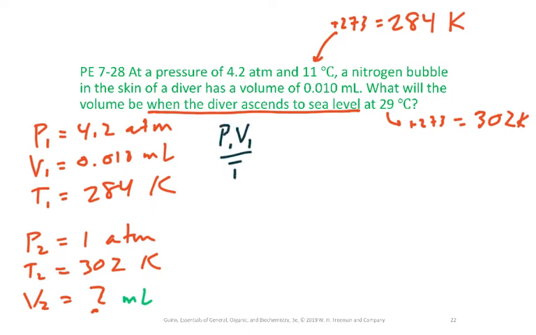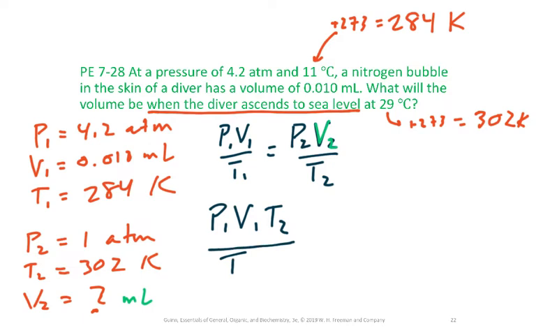So P1 V1 over T1 equals P2 V2 over T2, and we're solving for V2. So we can multiply both sides by T2 and divide both sides by P2, and we get volume. And then we simply plug in our numbers.